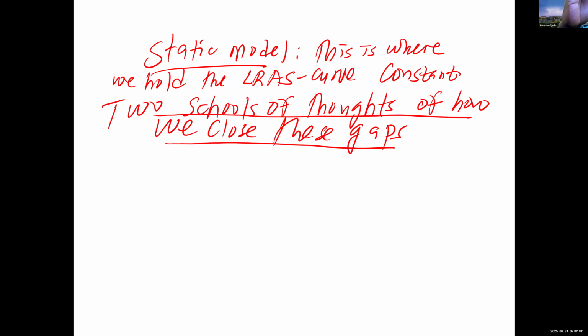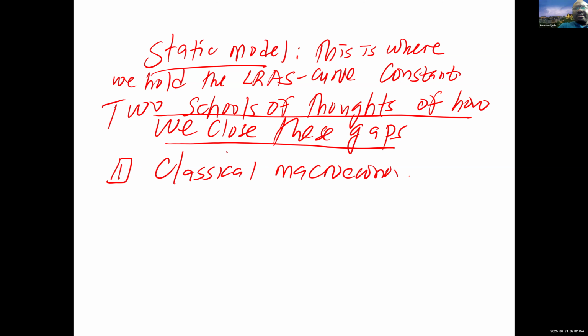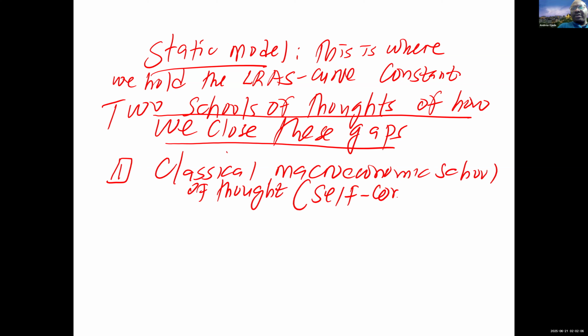So the first school of thought, which dominated the macroeconomic theory up till about around the Great Depression, is the classical theory. So we're going to talk about the classical macroeconomic school of thought, which is also called the self-correcting approach or self-regulating approach.